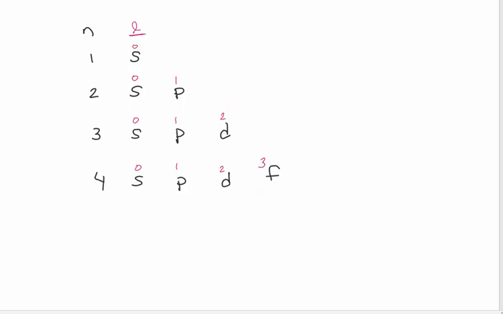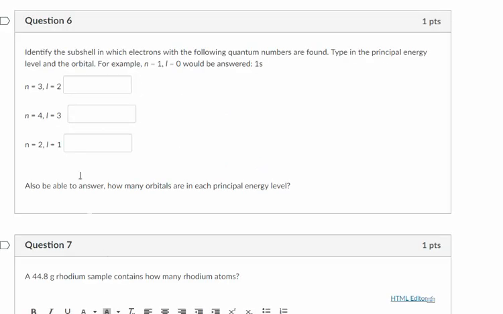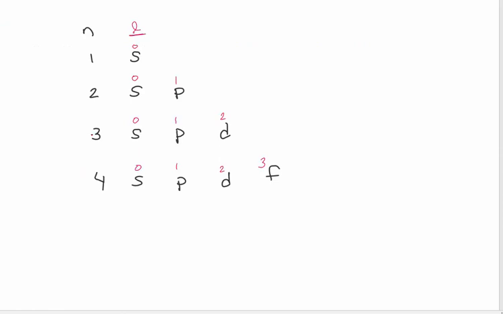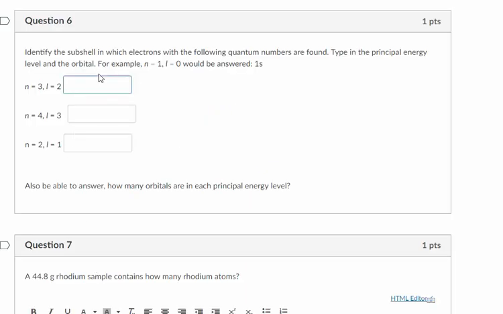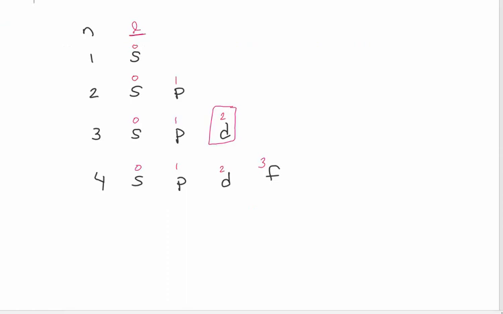So when we go back to our problem, we're looking at N equals 3 and L equals 2. So let's find it on our chart. When N equals 3 and L equals 2, then we're looking at the 3D. So that's what I'm going to type here, 3D. So now I'm looking at N equals 4, L equals 3.